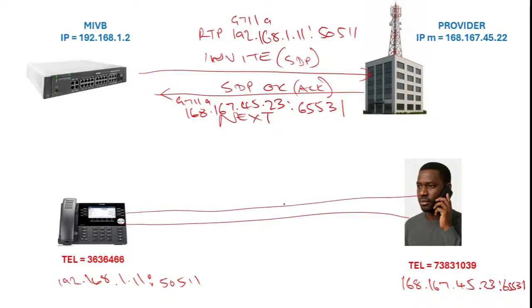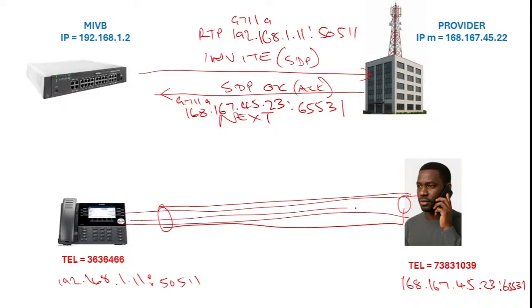media channel. This is going to be like a pipe where we are going to have our audio. Our audio is going to be in this temporary pipe, this RTP UDP.